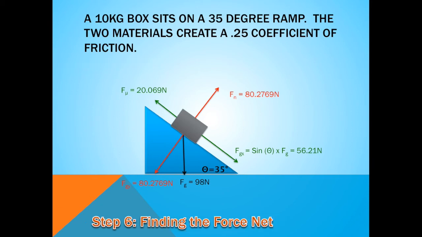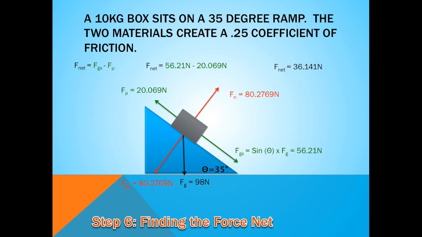So to find our net force, our F net is equal to the FGX minus the force of friction, just like we did in other problems before. We're just combining them together. We know they're opposed, so we subtract them, because we've tilted our x and y axes, so we have to use more of our logic than just vectors. I take my 56.21 newtons minus my 20.069 newtons, and I get a net force of 36.141 newtons. And that's it.